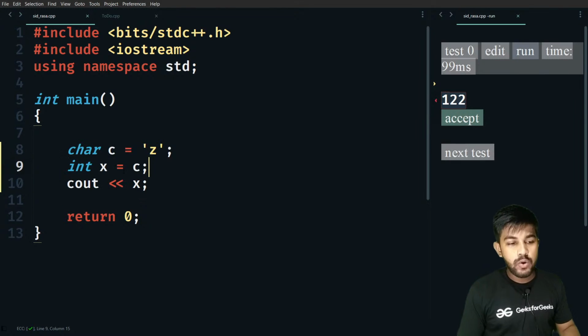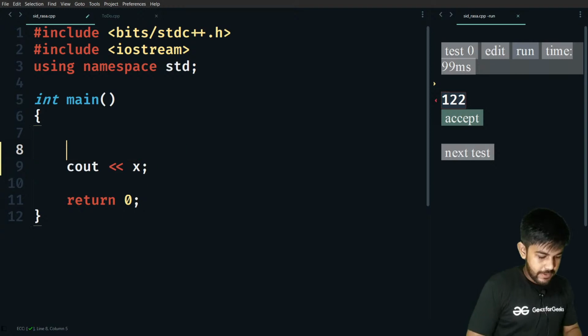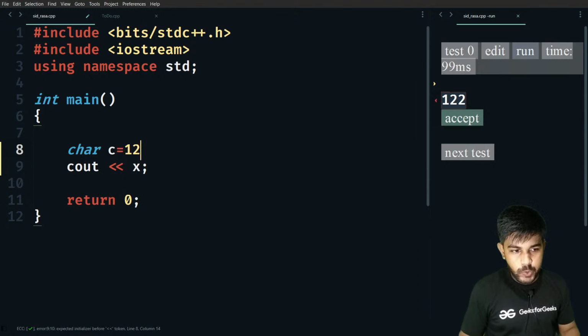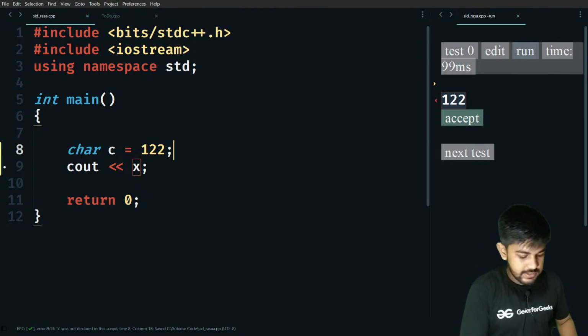Now one more thing. Now char c is equals to 122. Good to go. And we can do the reverse of this.